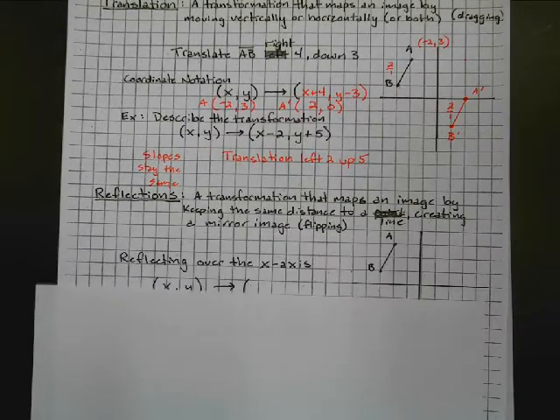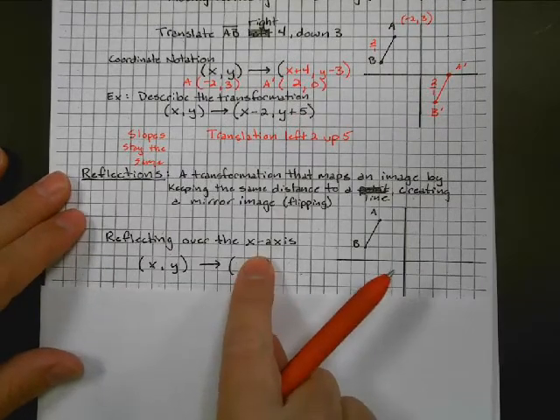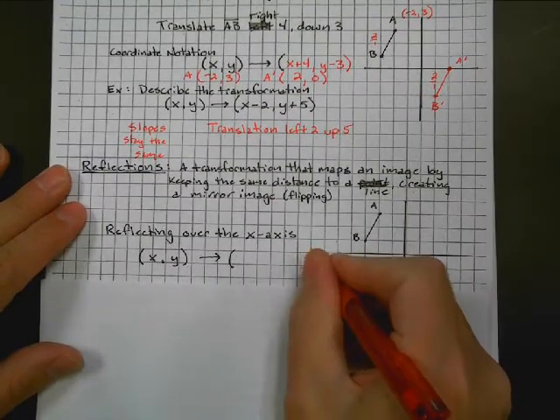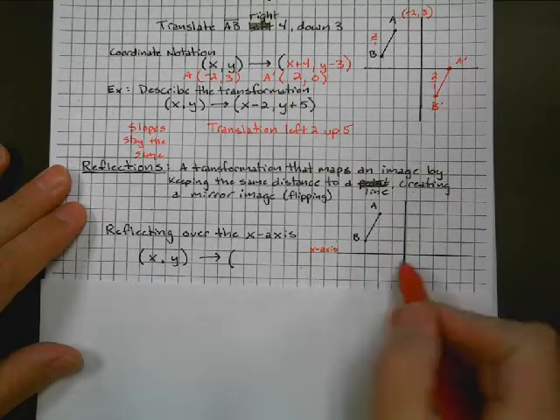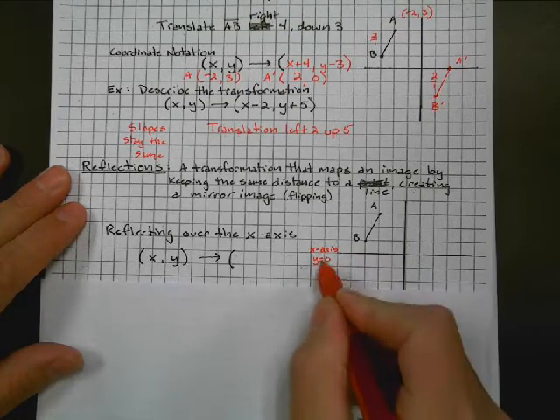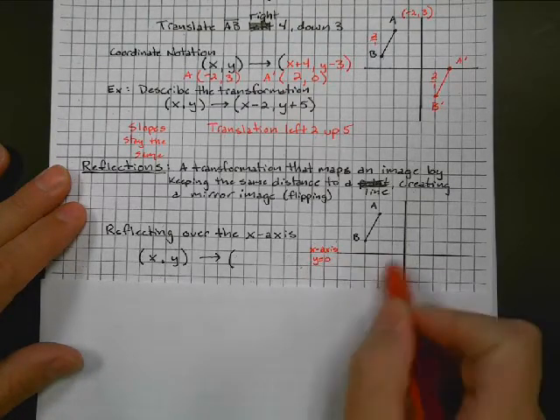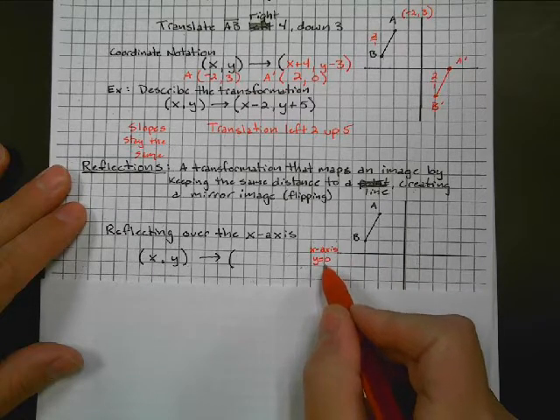Here we go. The first thing that we can do is reflect over the x-axis. So our x-axis is over here. And we have learned in other units so far that this is y equals 0. That's another way to say the x-axis, because everything along the x-axis has y equals 0.